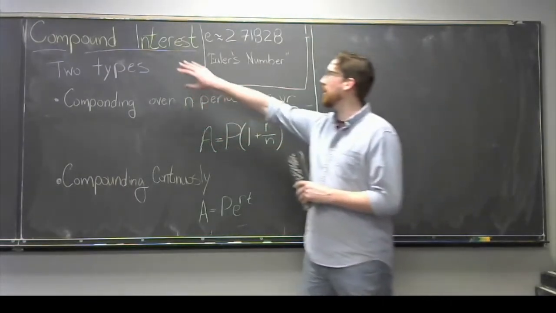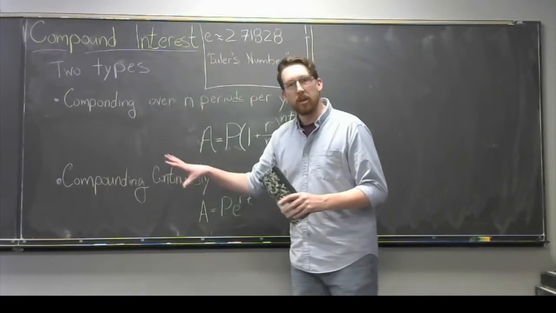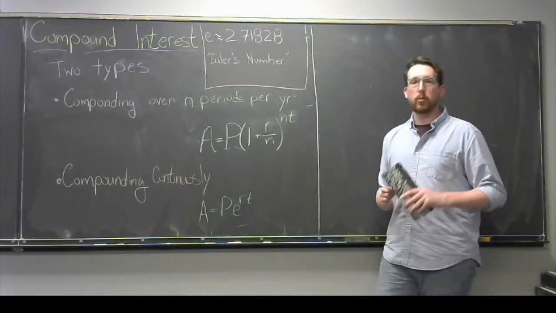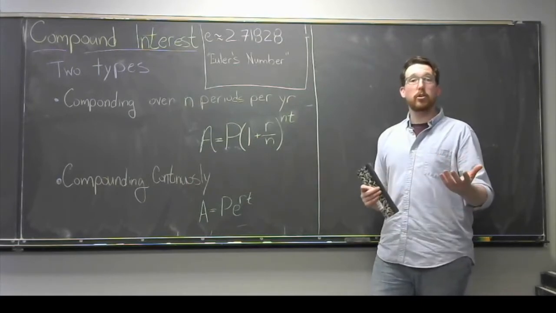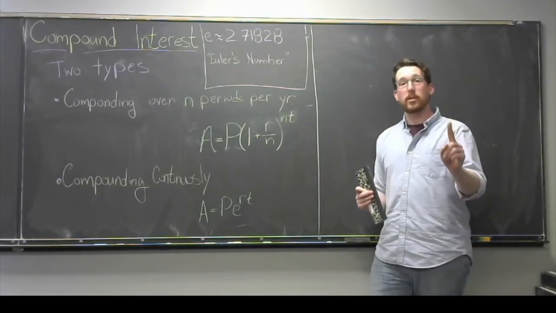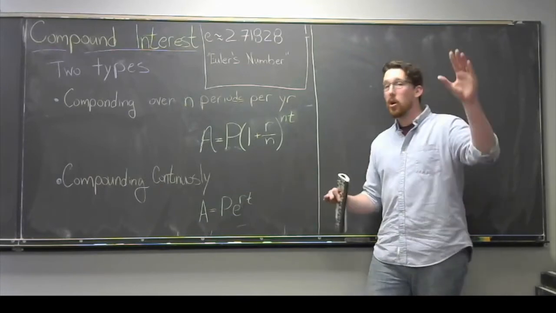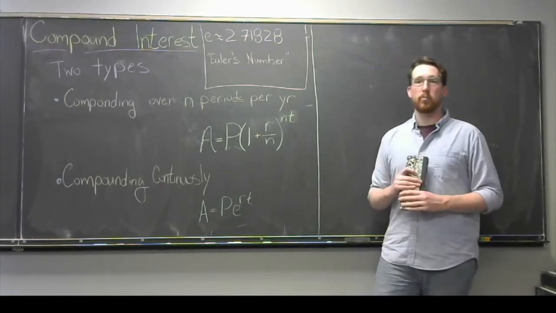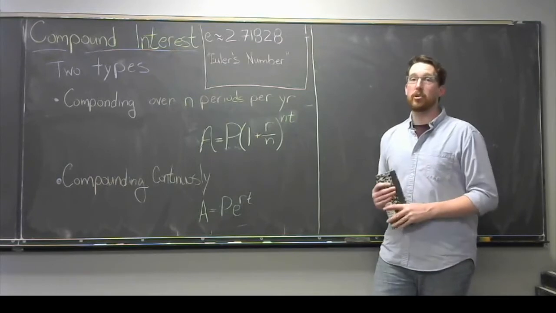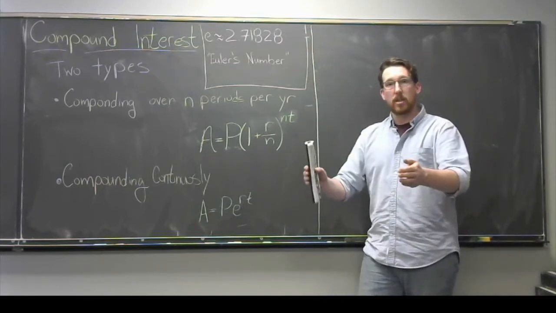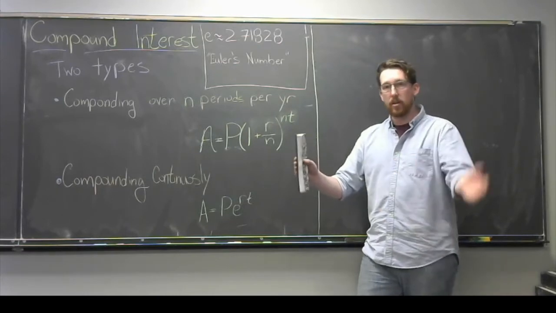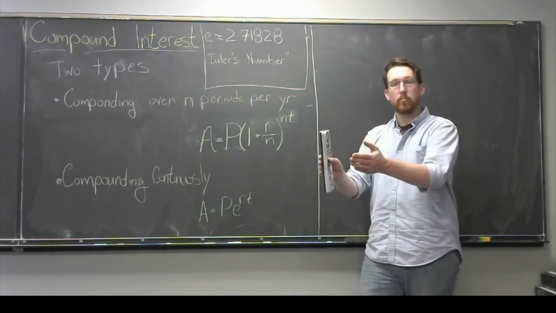Before I get into explaining too much of what I've got up here, I want to first explain the difference between compound interest and simple interest. Simple interest incurs interest once, only one time, based off of that principal amount. Compounding interest says, all right, let me take the interest this first time, add it to the principal amount.